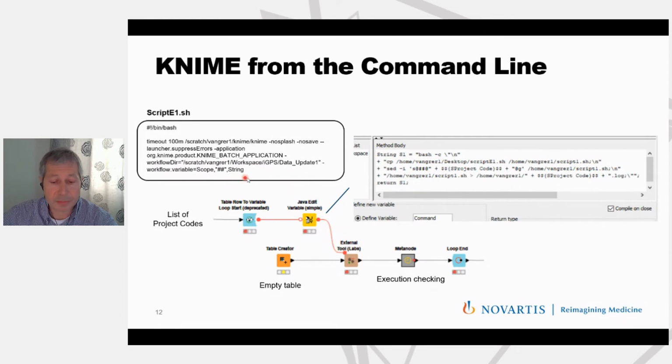And in the template script, it is under the form of a double hash character symbol, but with a Java variable node, we just set up a command in a way to first copy this template script, replace the two hash symbols with the project code, and then run this script in order to execute KNIME from the command line.